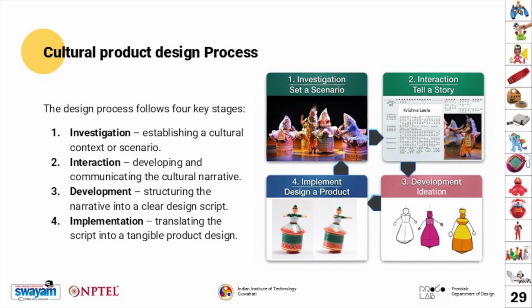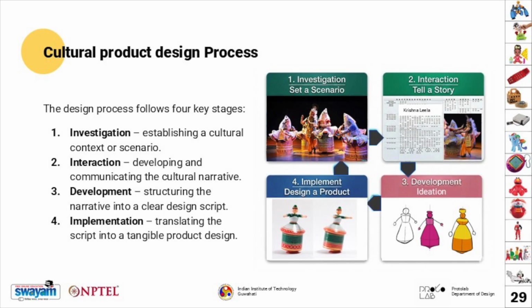A scenario is then created that considers the broader context, including economic conditions, social culture, and technological factors. This stage helps determine which cultural elements are most essential to represent in the final product.